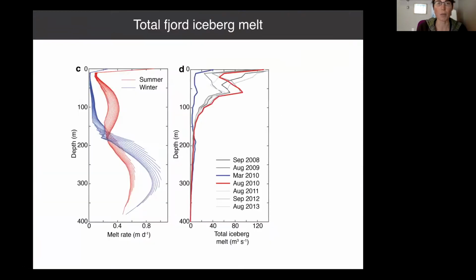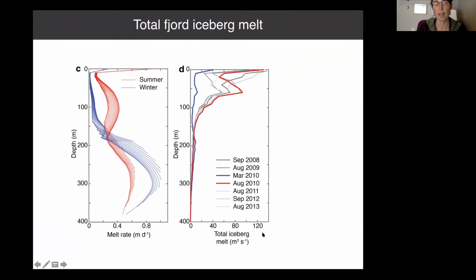With that data, we were able to classify how many icebergs there were in the fjord, their size, and make approximations of what their keel depth would be based on their surface width. In that way, we're able to take this information from a single iceberg and scale it up to the melt happening for the full fjord.